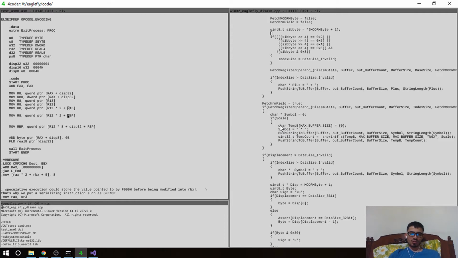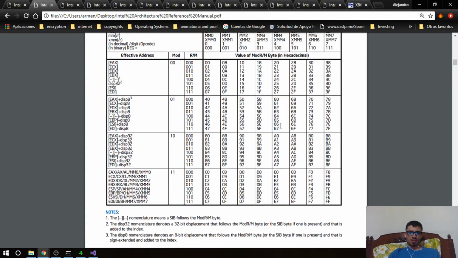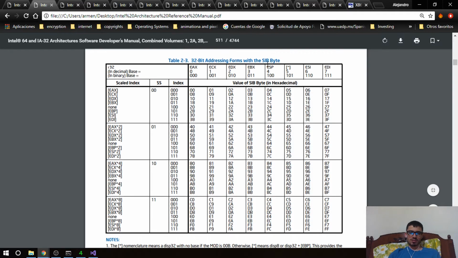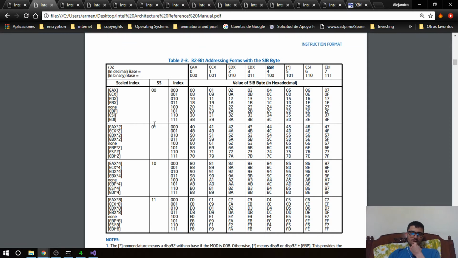Because you change it on the base, and that's possible. That's the way which is possible. You go and use ESP here in the row of the base, and you just use it as well.